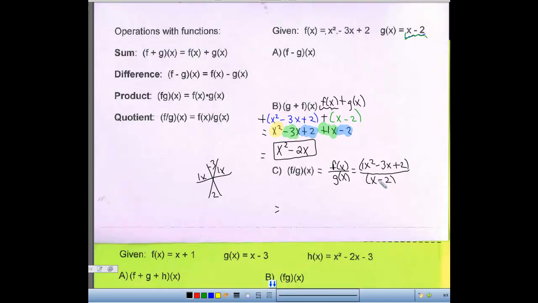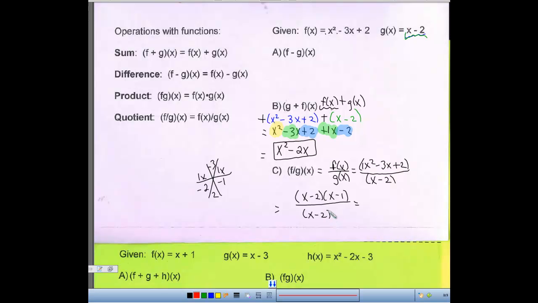And the factors that multiply together to give me 2, but add together to give me negative 3, are negative 2 and negative 1. So the x squared minus 3x plus 2 factors to be x minus 2 times x minus 1. And that's divisible by x minus 2.